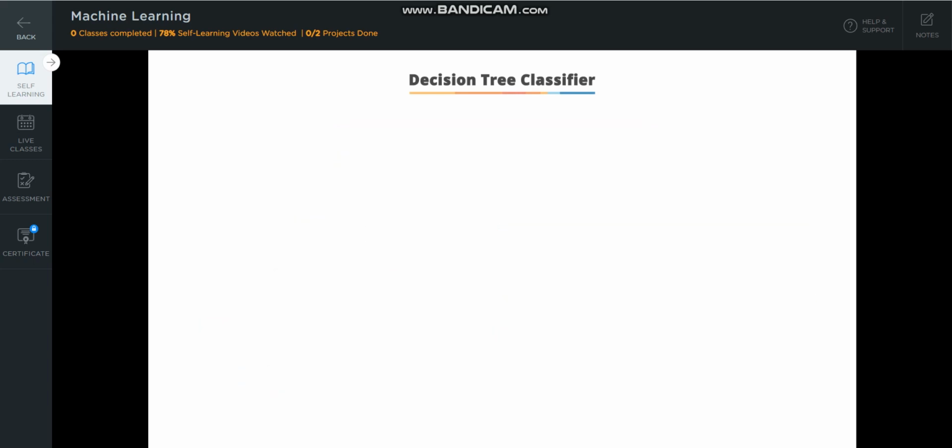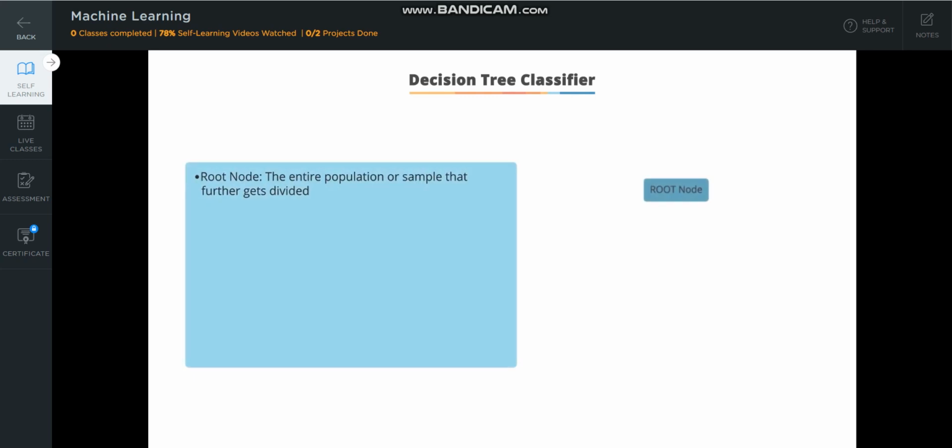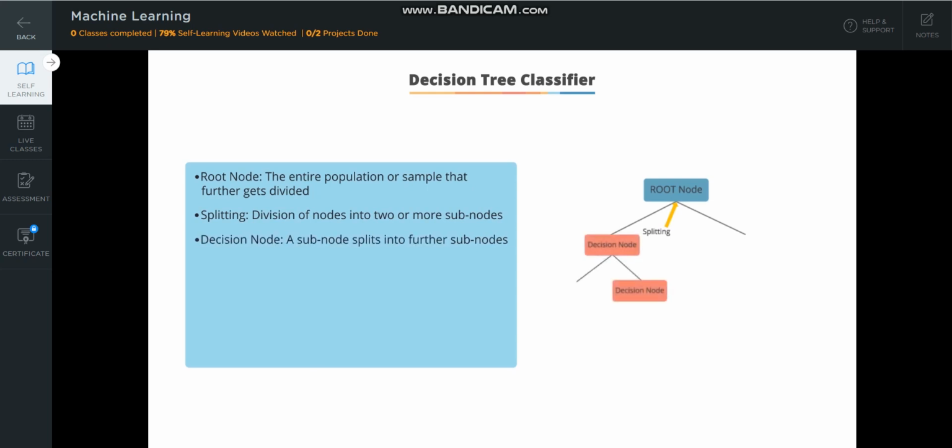Here are some common terms that are used with decision trees. Root node. It represents the entire population or sample that further gets divided into two or more equivalent sets. Splitting. A node can be divided into two or more subnodes using splitting. Decision node. When a subnode splits into further subnodes, then it is called a decision node. Leaf, terminal node.